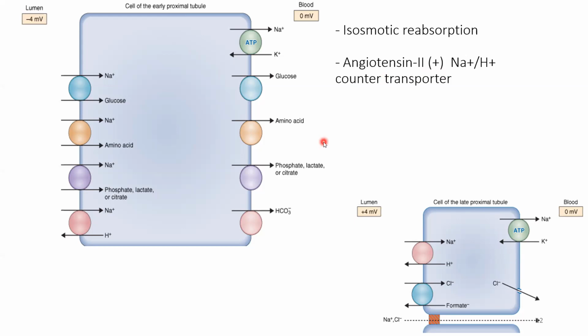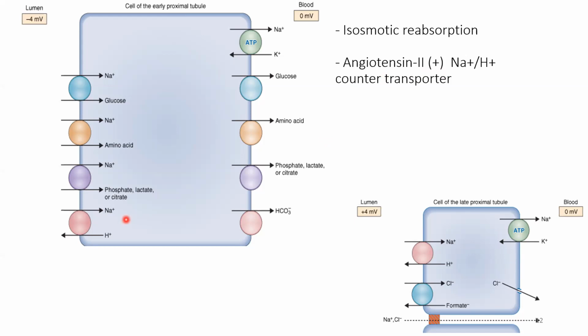Its broader application will come when we discuss acid base. But suffice to say that any issue with volume will trigger angiotensin II. Any issue with ECF volume should affect angiotensin II.